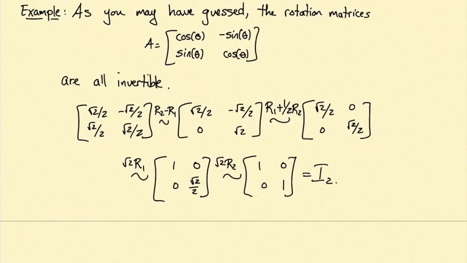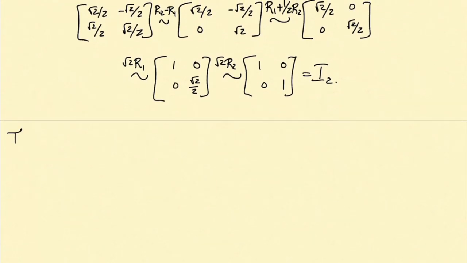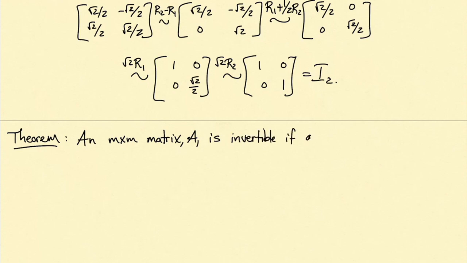This last example is, of course, instructive. If we recall that it is possible to encode our row operations as matrices, then we've actually shown something better than what we originally anticipated. An m by m matrix A is invertible if and only if the reduced row echelon form of A is the identity matrix.